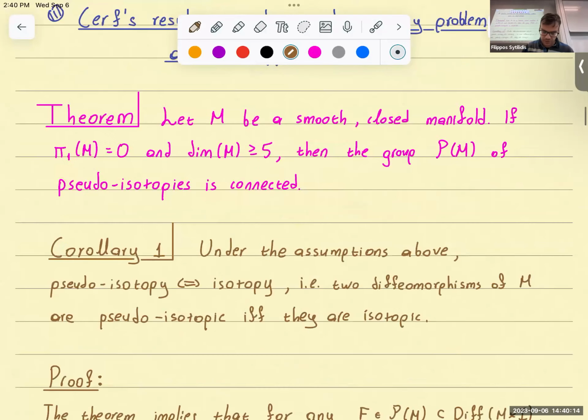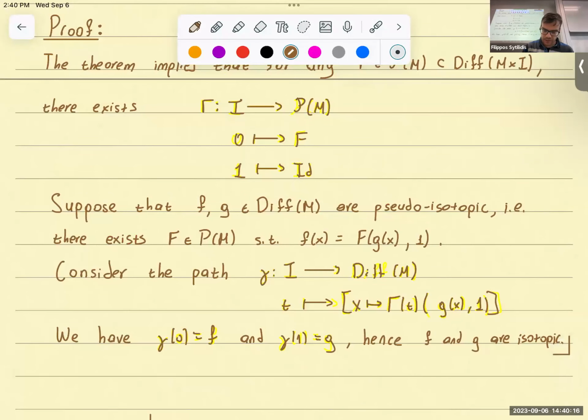And the top level is just what I get by putting this one here. That's what this one does. Capital F is my pseudo-isotopy, capital F bar comma 1 is the diffeomorphism of the top level, and that's post composition of G with that. Is that clear?